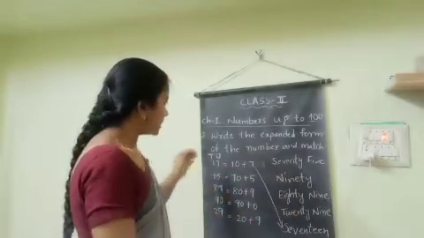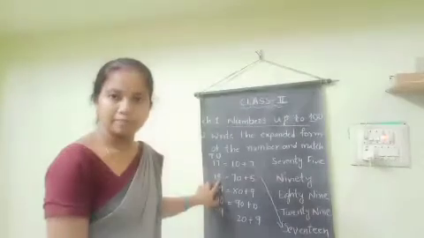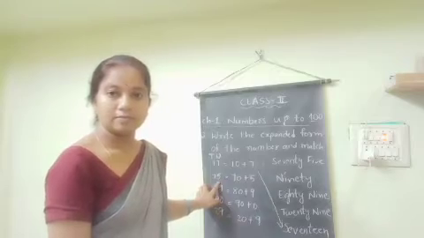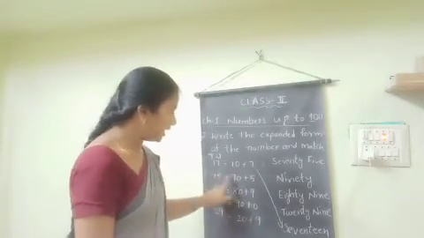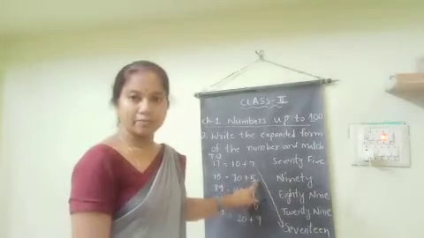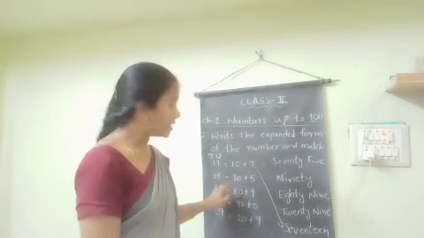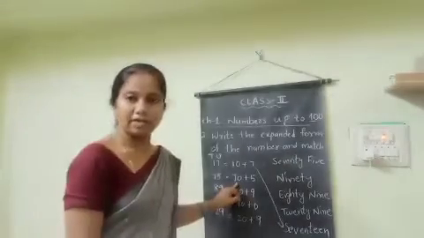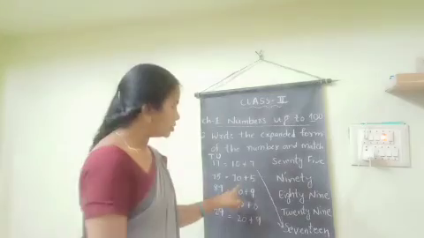Next, after 17, you have 75. How to spell this 75? 75 is 70 and 5. In this 75 you have 7 tens and 5 ones. So 7 tens are written as 70 and 5 ones are written as 5. So 75.